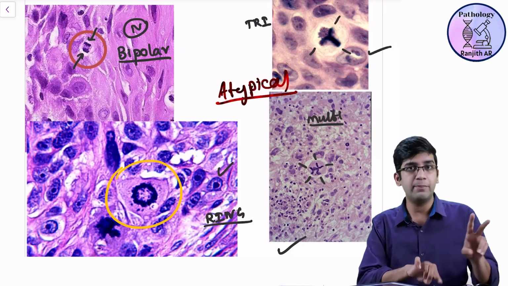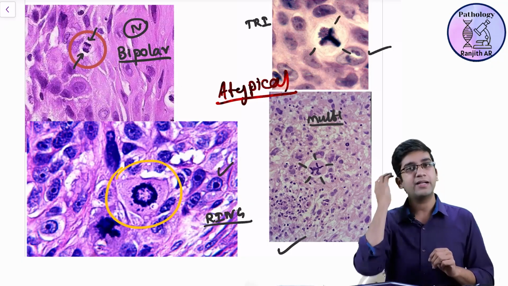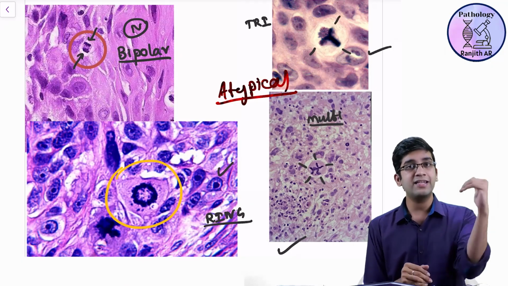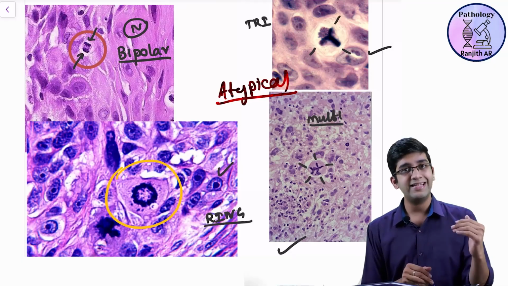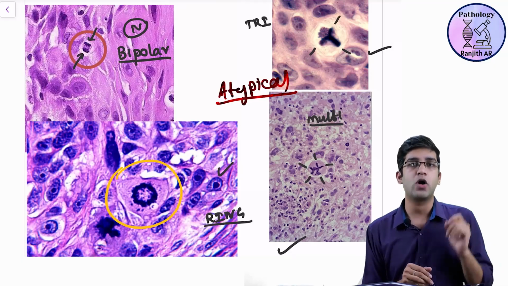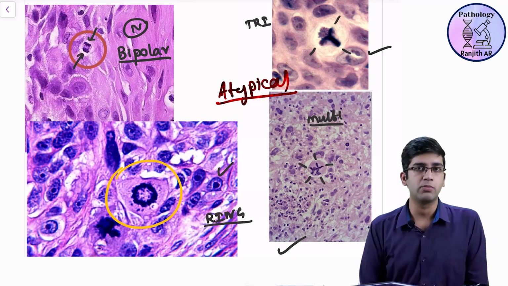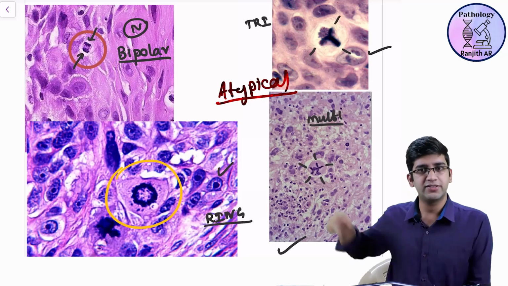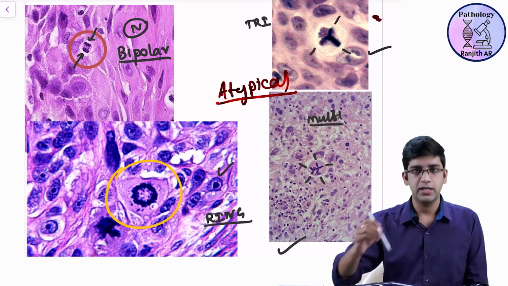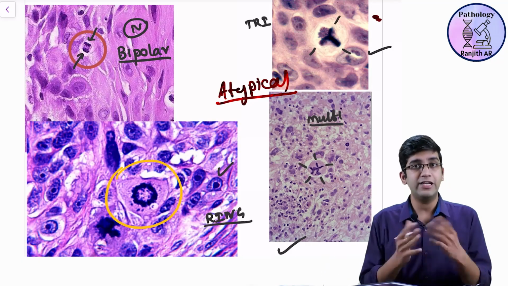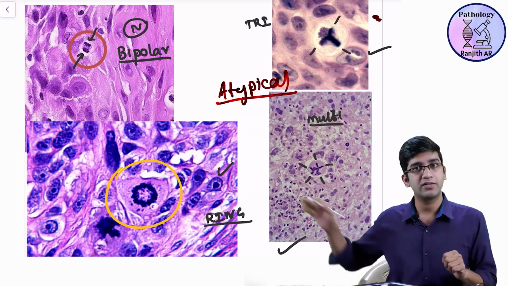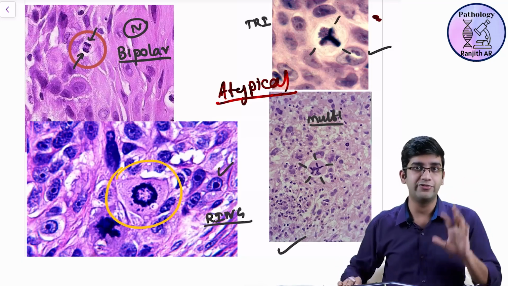I'll tell what I mean by the third point. You must have read that an increase in number of mitosis, an increase in number of bipolar mitosis, is also abnormal, or any one of the atypical mitosis is abnormal. Why is it abnormal? Just imagine this top one. How many cells will he give when he divides? 3. Next one, 5.